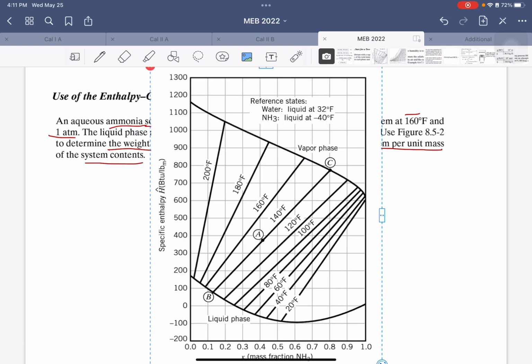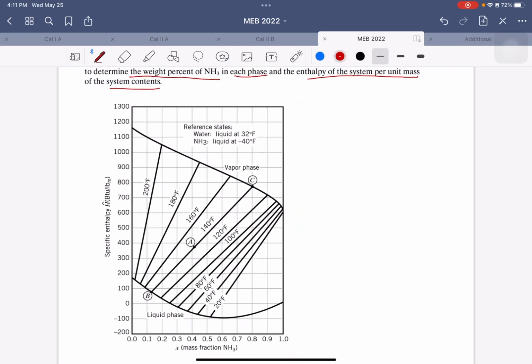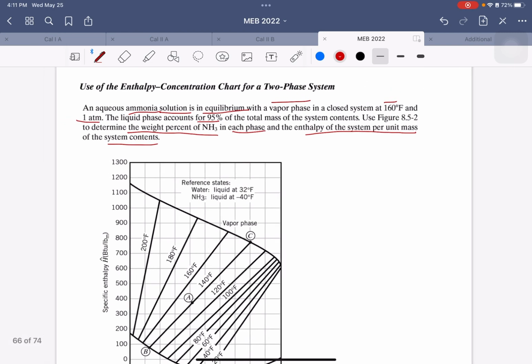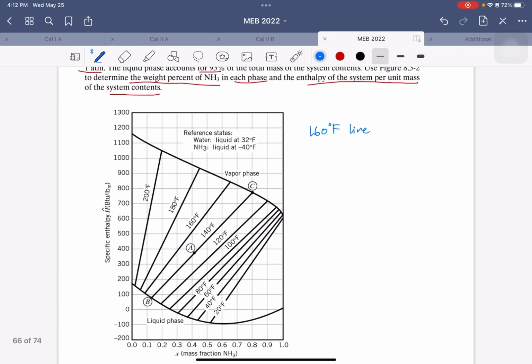So first we're going to take the chart. Okay. So first we are going to take the 160 degree Fahrenheit line, which is this line. Okay.